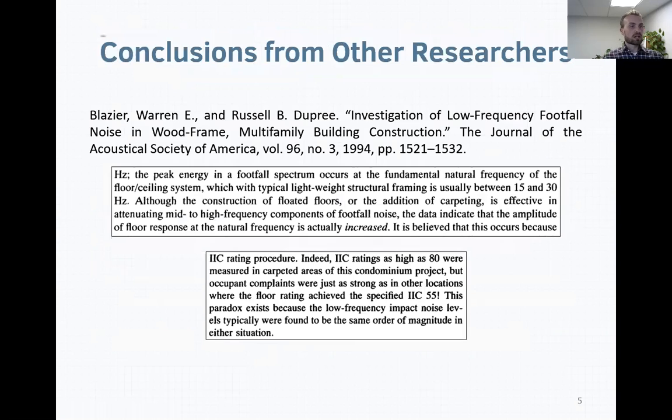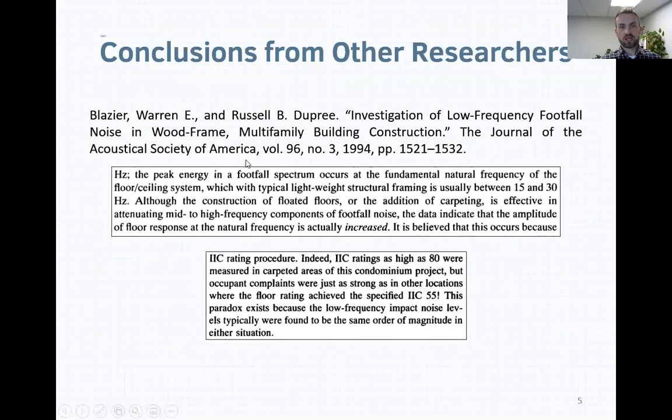So let's take a look at what some other researchers are saying. If we look at this 1994 JASA report that was published by Warren Blazier and Russell Dupree, they were looking at low frequency impact noise inside of a condo.